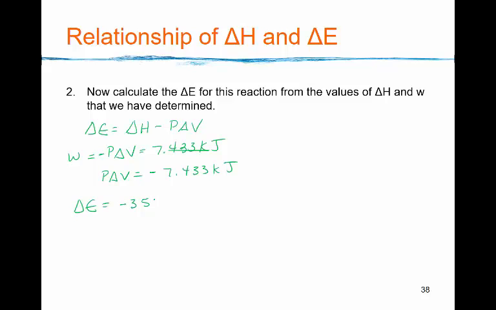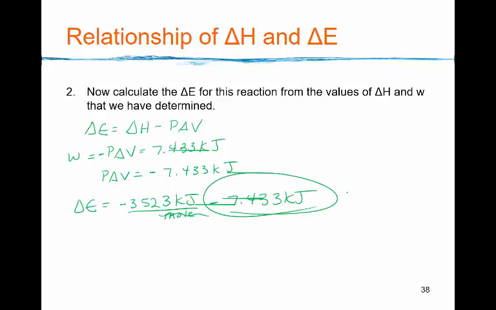So delta E is equal to delta H, which we know from the problem is minus 3523 kilojoules per mole, minus 7.433 kilojoules. That's the amount of work that we did in kilojoules, and this was the total kilojoules.